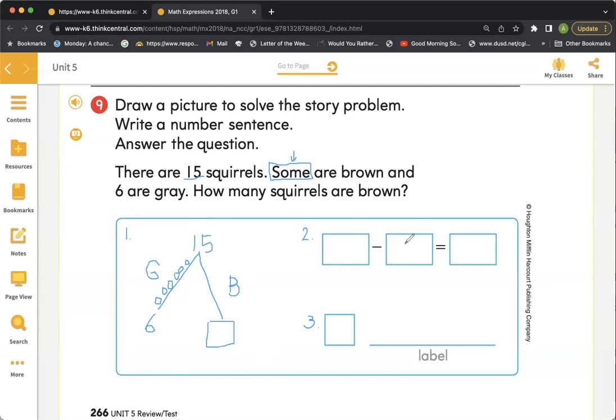Then you're going to write the equation. Look, it's a subtraction problem. Okay, so you remember you always have to start with the biggest number. Okay, and then for your third step, how many brown squirrels did you get? Write the number here, and the label is brown.